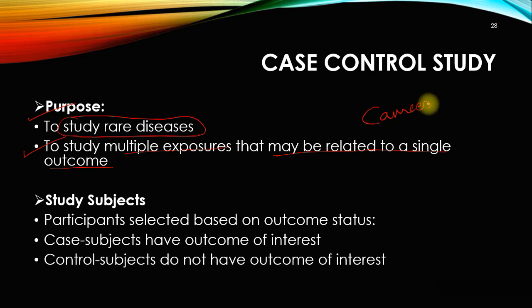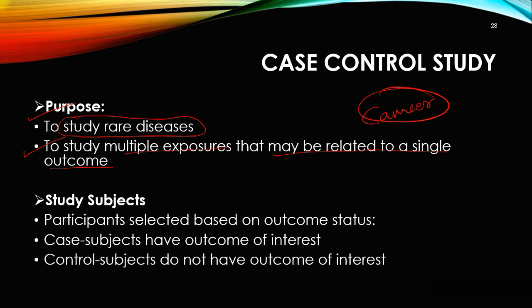Okay. A similar thing can be said of cancer. Cancer is a single outcome, but there are multiple things that can lead to cancer. Okay. So lung cancer is not only because of the smoking of tobacco, but it can also be related to the environmental pollutants which we have in our air.